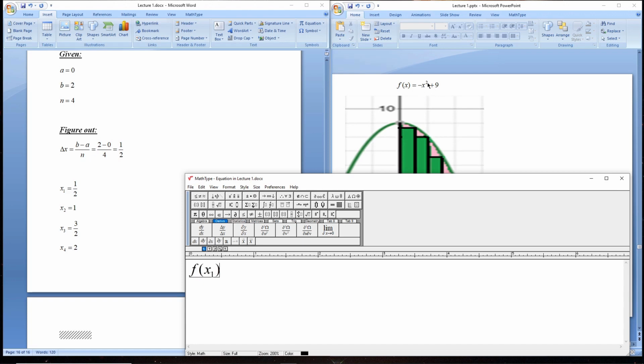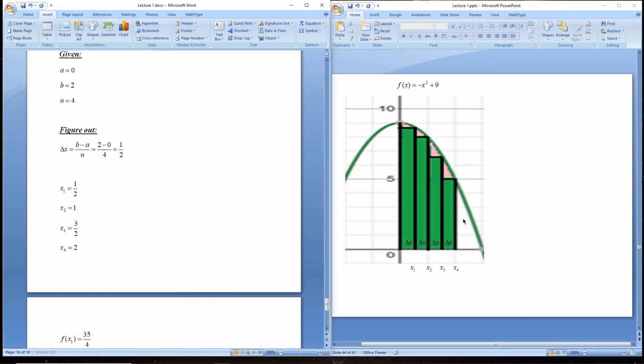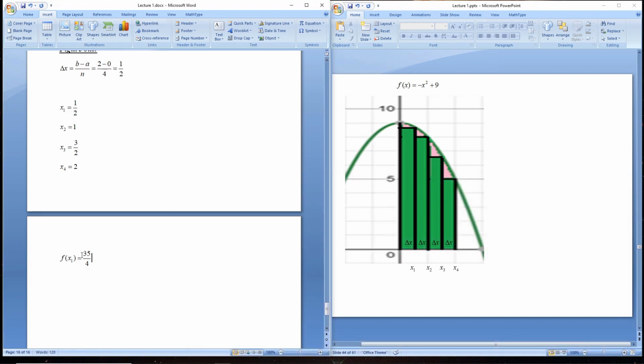So a half squared is a fourth. So we're going to have 9 minus a fourth. Using a common denominator there, that'll be 36 over 4, to then finally get us 36 minus 1, to get us 35 over 4. This is the height of the first rectangle.